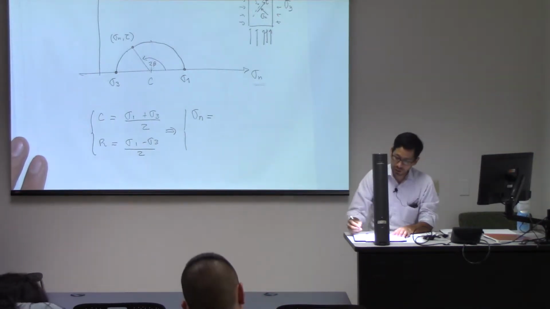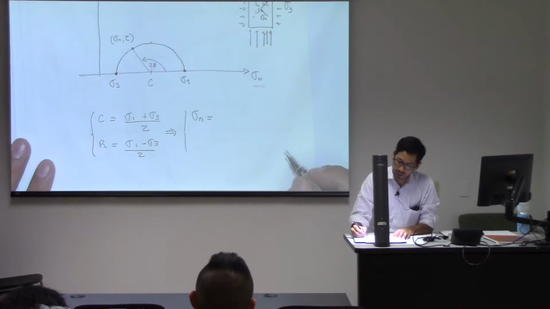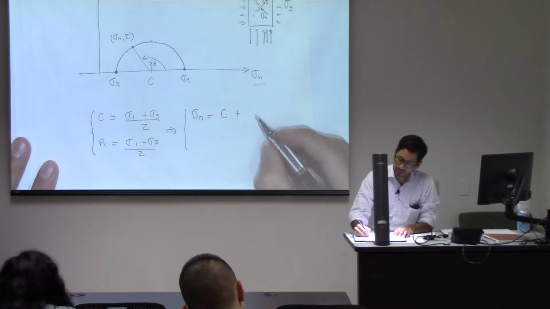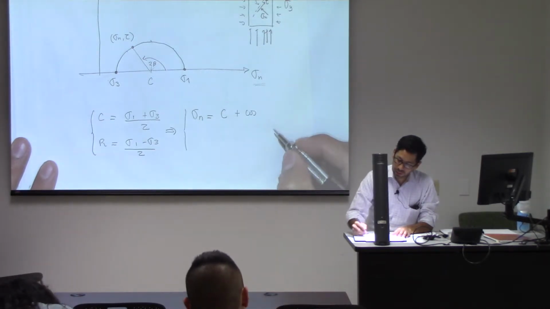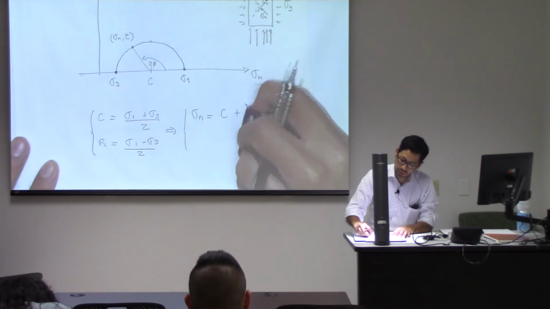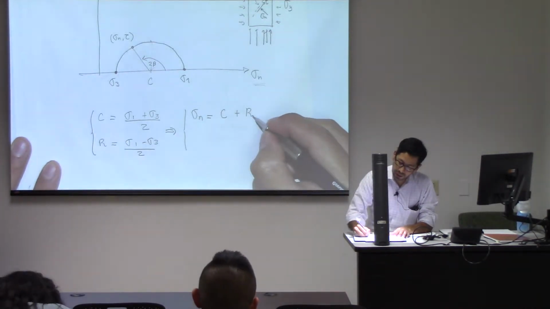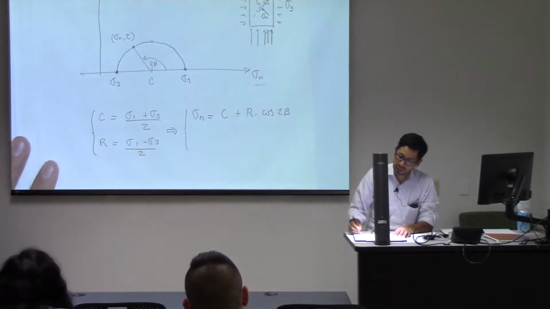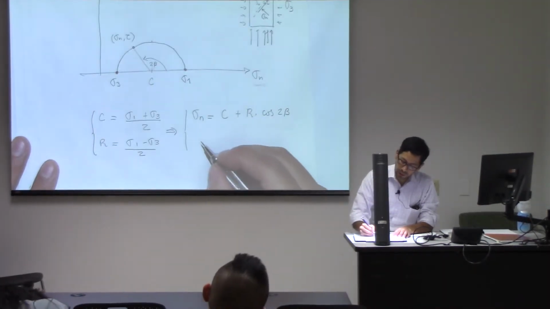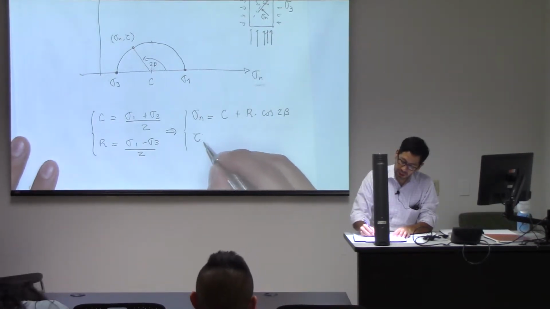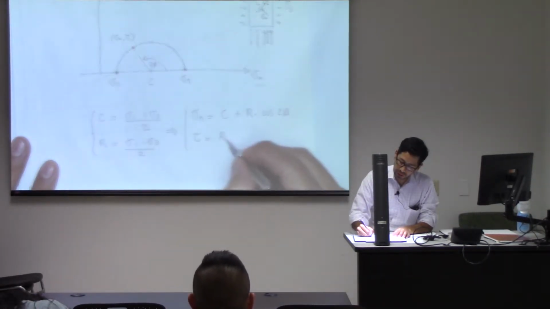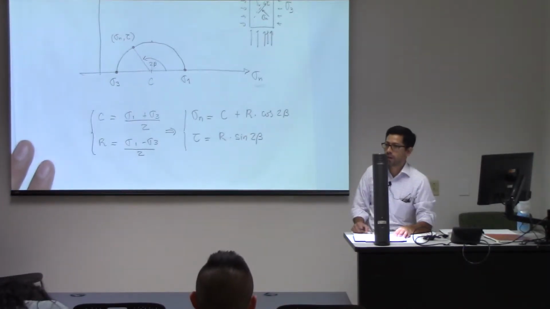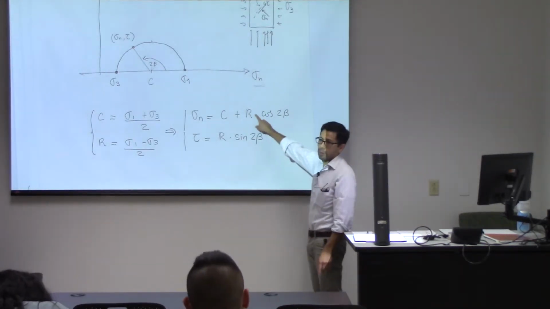The normal stress is going to be equal to the center of the circle plus the radius times cosine of 2 times beta, and the shear stress is going to be the radius of the circle times sine of 2 times beta. Can you see why this is like that?